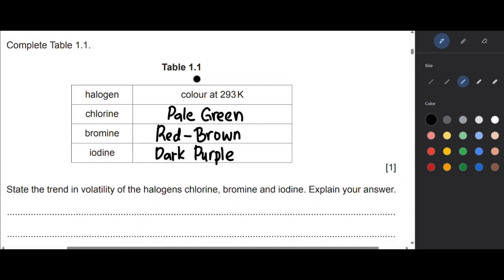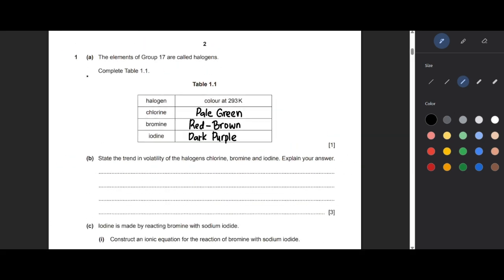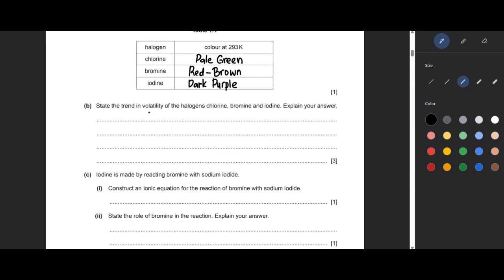Okay, so sub-question A is done. We move to B.